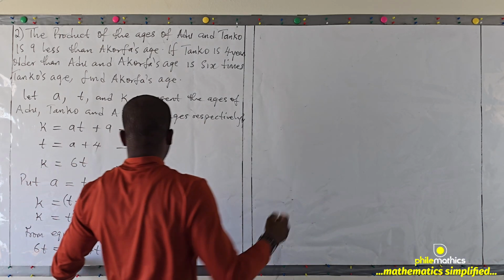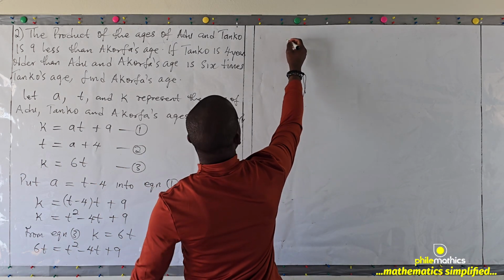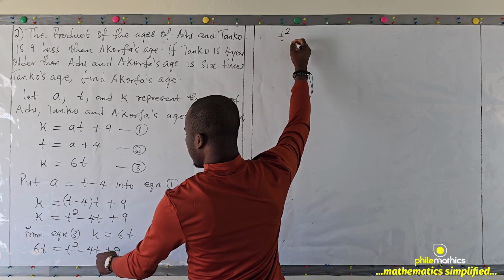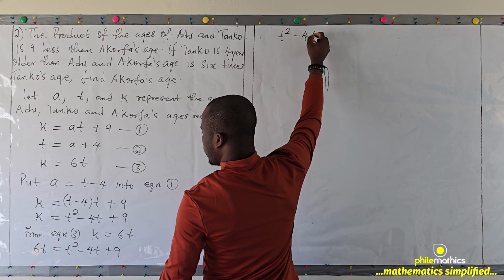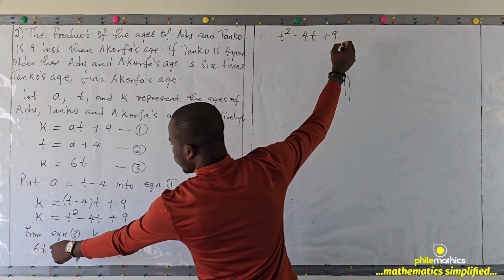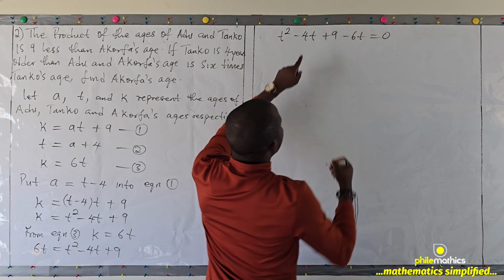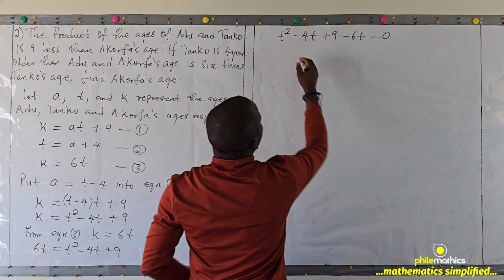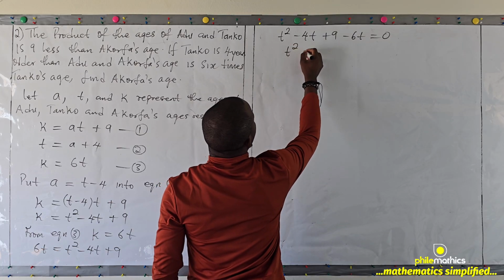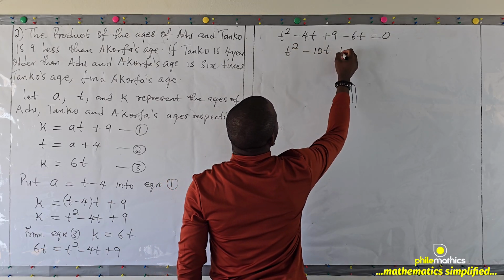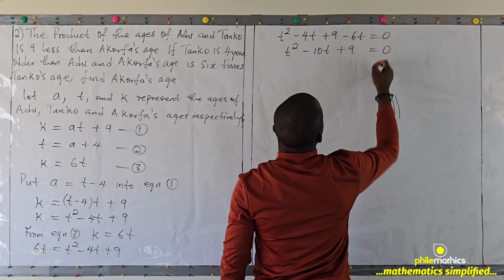And so, subtracting 6T from both sides, we have T squared minus 4T minus 6T plus 9 equals 0, so T squared minus 10T plus 9 equals 0.